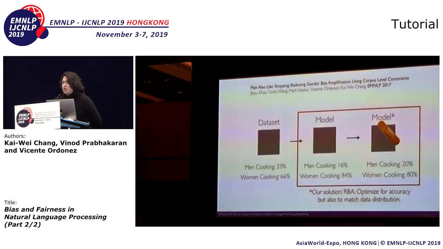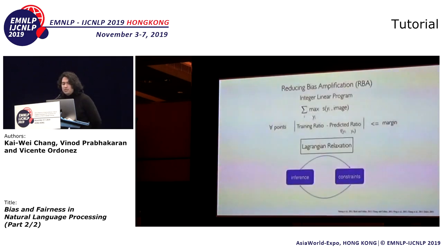Using this method, we managed to remove the bias a bit, but still it doesn't match the distribution in the training data. We could actually match the distribution of the training data if we optimize and give more weight to the second objective. But that would hurt the ability of the model to classify correctly whether there is a kitchen or not, for instance.